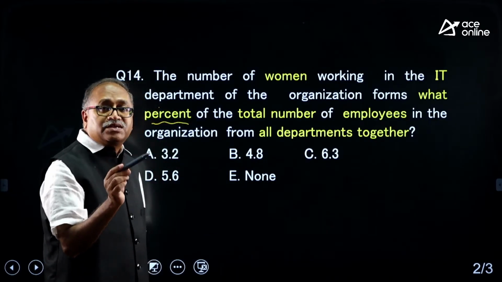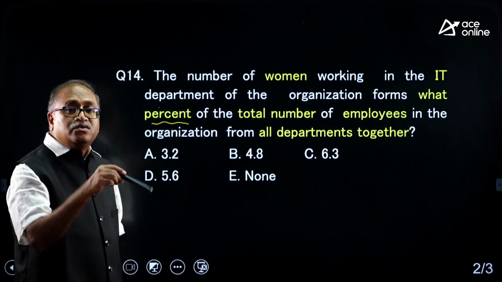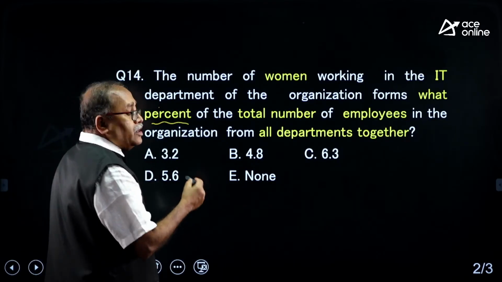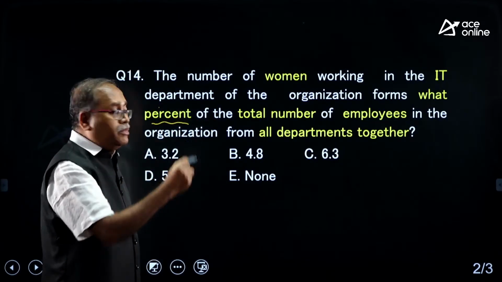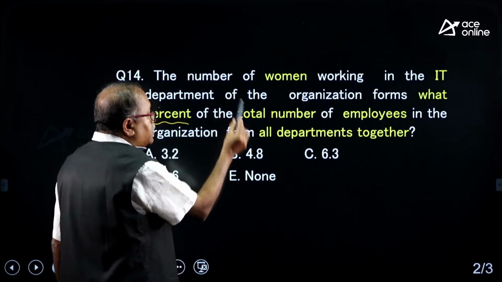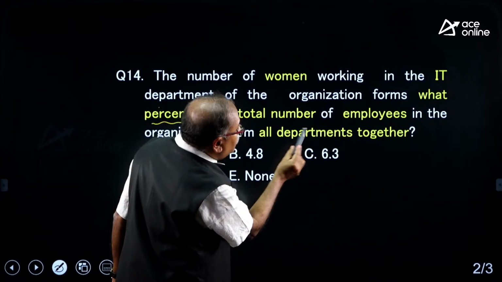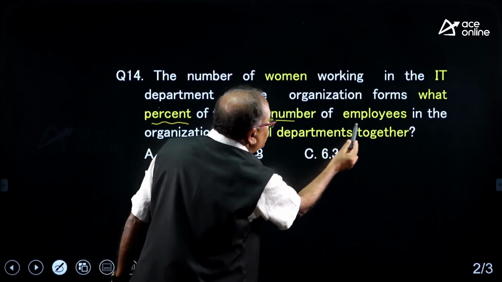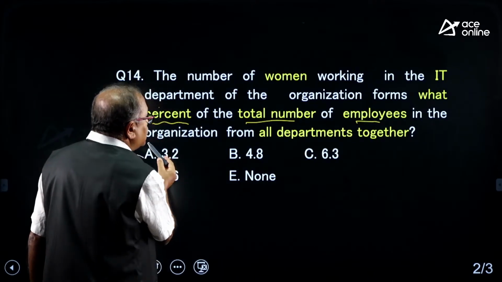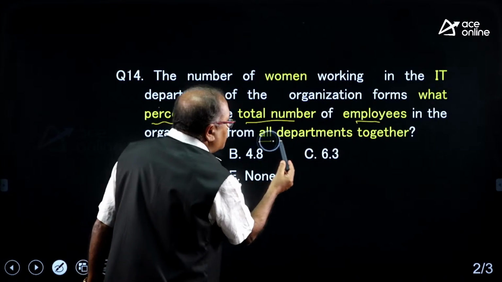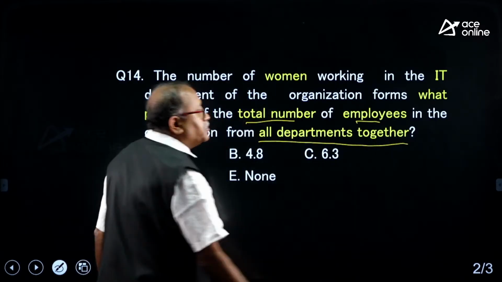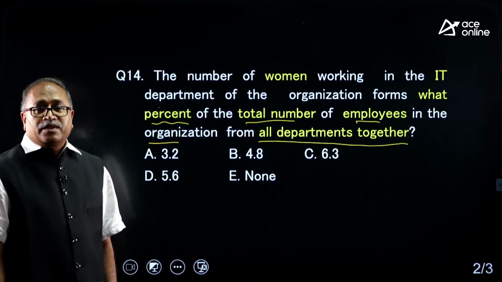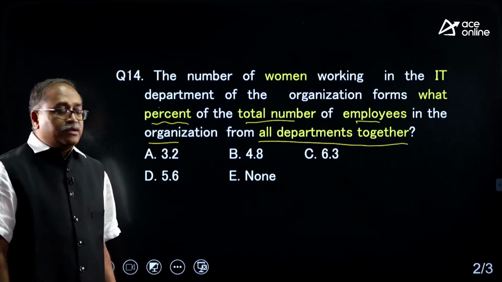When they say percentage, then I can only use that graph, I do not need the total number. So, the number of women in the IT department forms what percentage of the total number of employees in the organization from all the departments together. Okay.